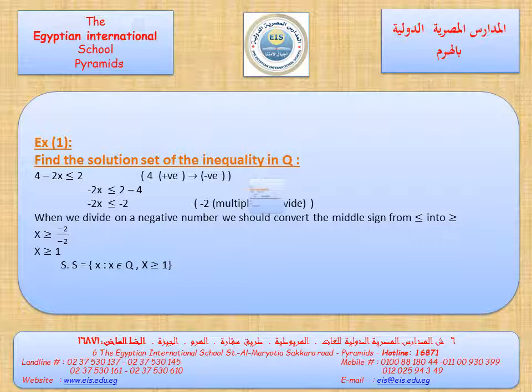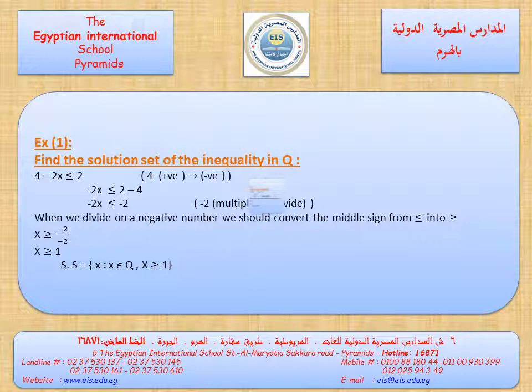Why do we convert the sign from smaller than to bigger than? Because we divide by a negative number. When we divide or multiply by a negative number, the sign will be replaced from smaller than to bigger than, or from bigger than to smaller than. So x will be bigger than or equal to 1.